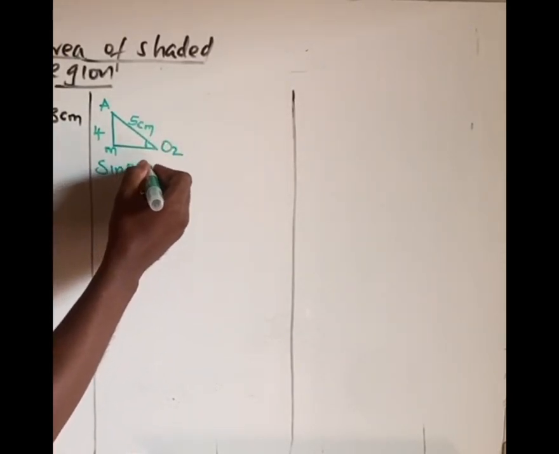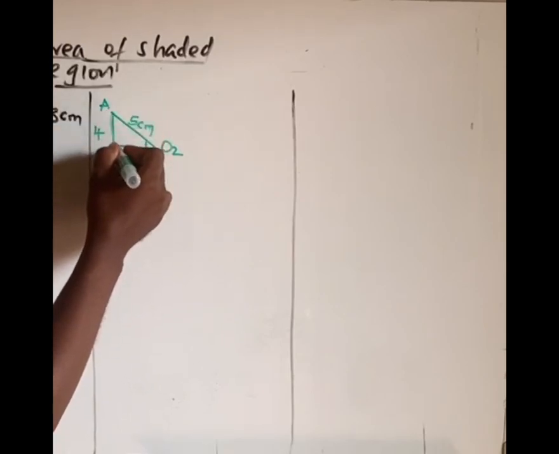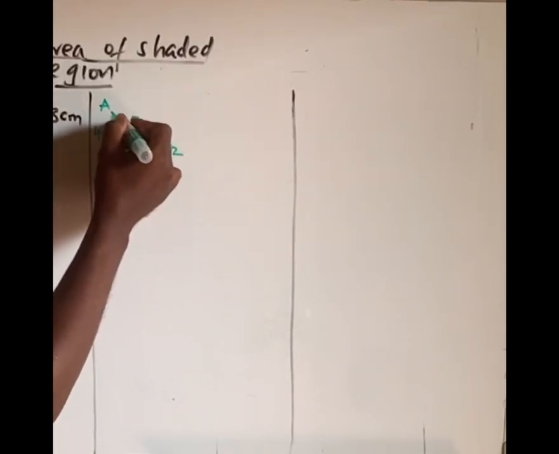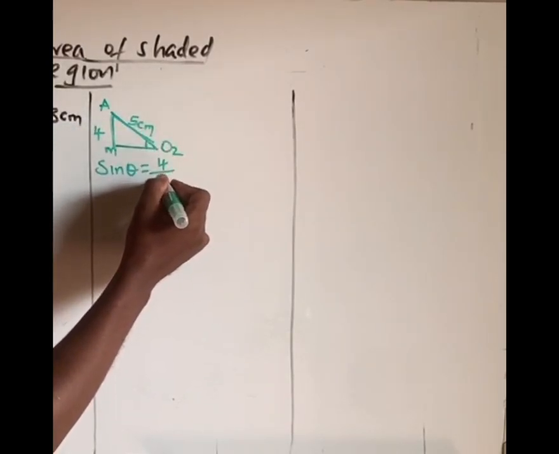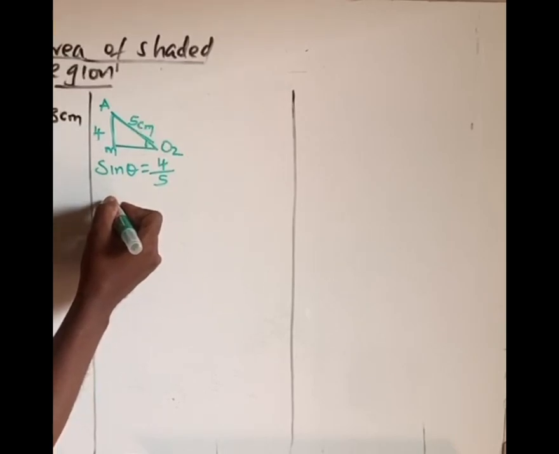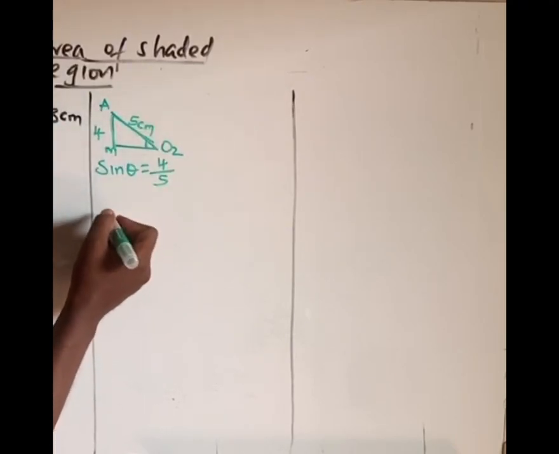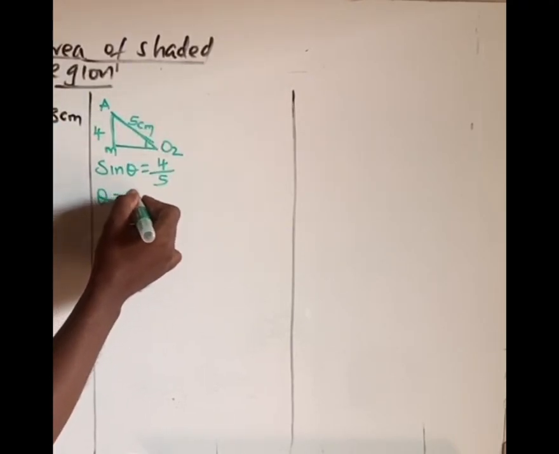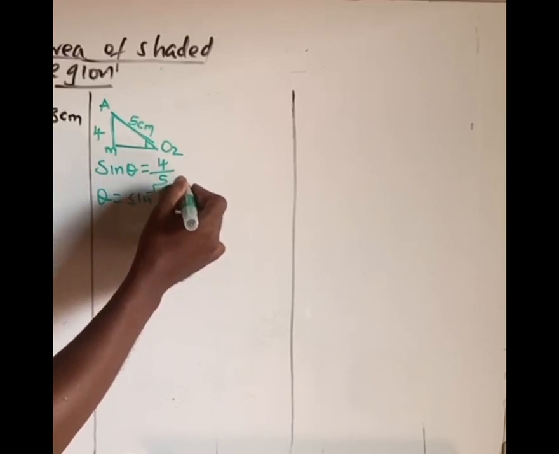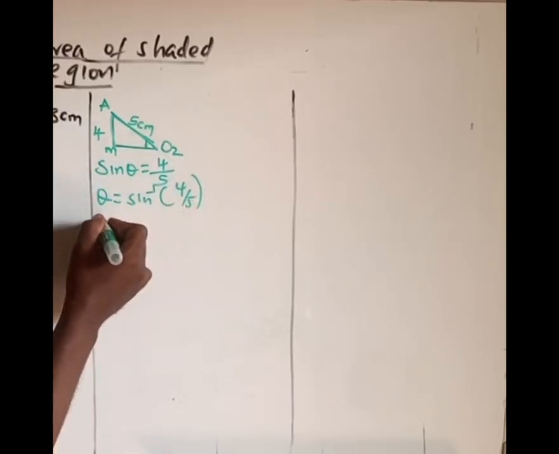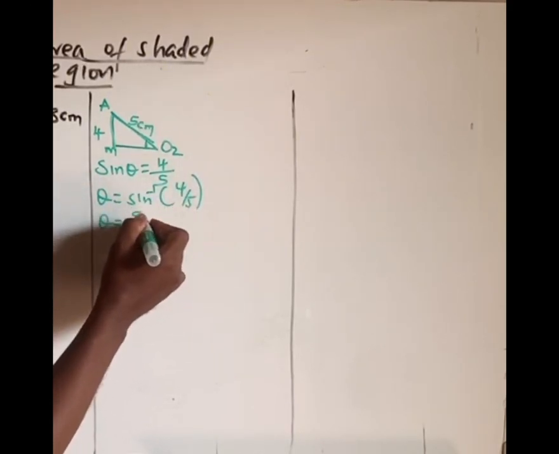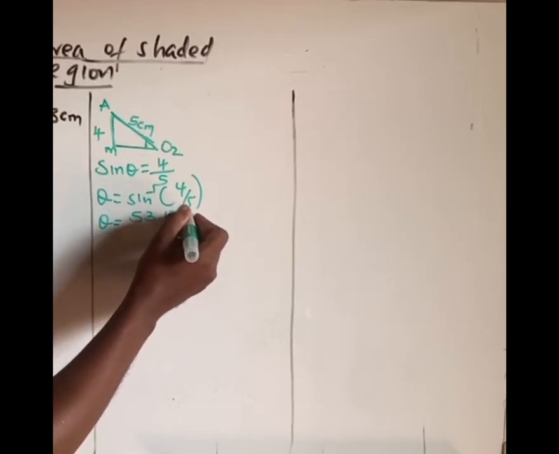So sine theta equals the opposite side to the angle, which is 4, divided by the hypotenuse side of the triangle, which is 5. Then to get theta, we find sine inverse of 4 divided by 5. Theta will be, using a calculator, 53.13 degrees.